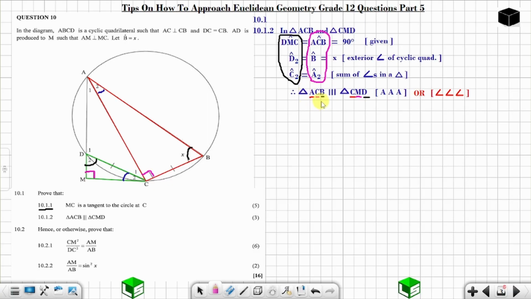From this triangle you have A, C, B, and from this triangle you have CMD.